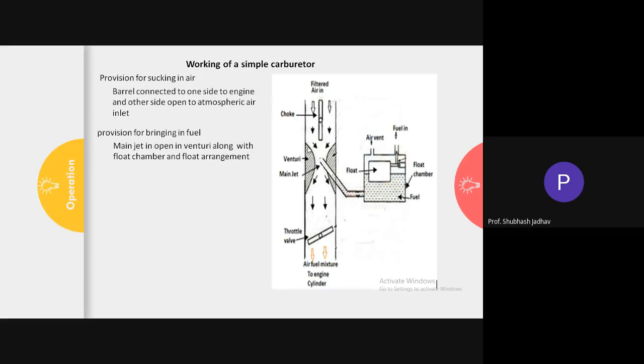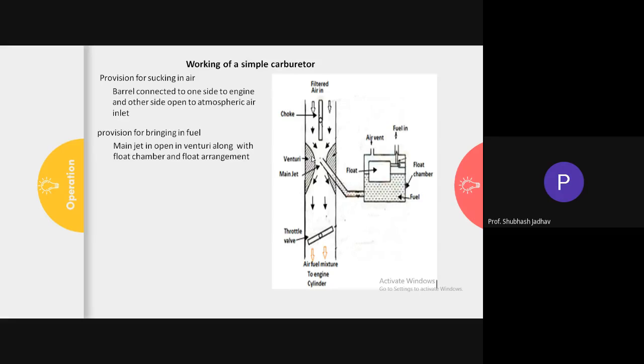We have discussed a convergence section, a throat, and then the divergence section. The region where the diameter is minimum in the venturi is called the throat, and in this throat region we make our main jet open. That is how we have made the provision for bringing the fuel.